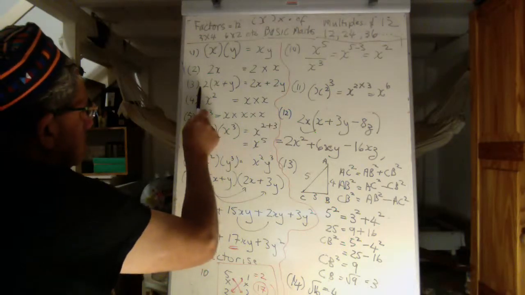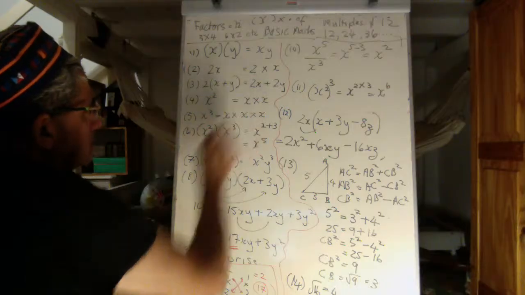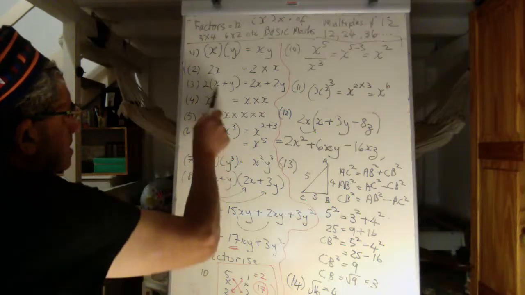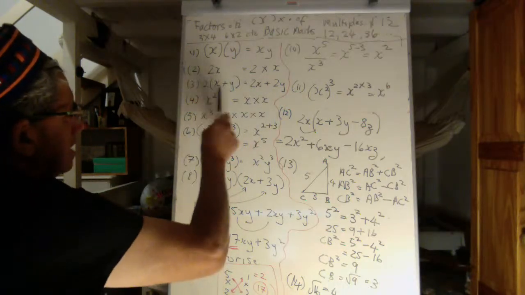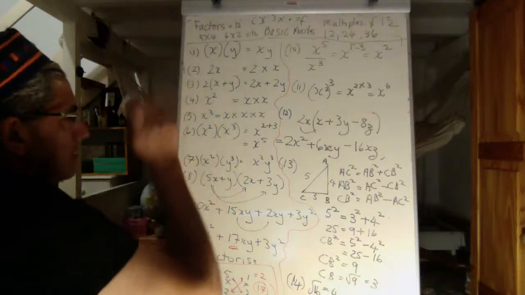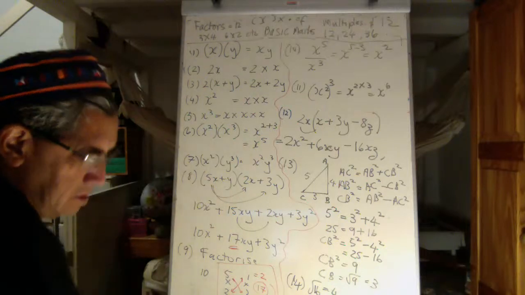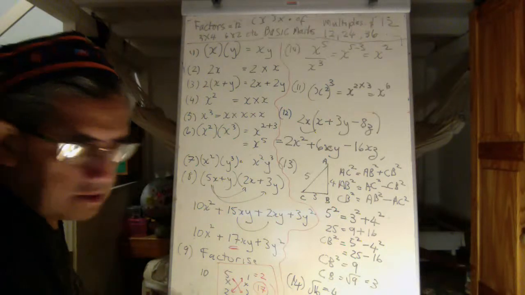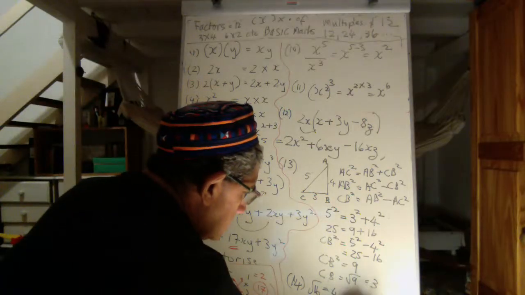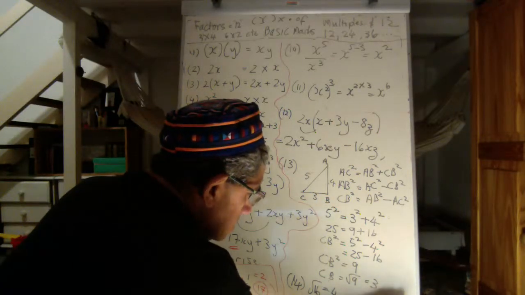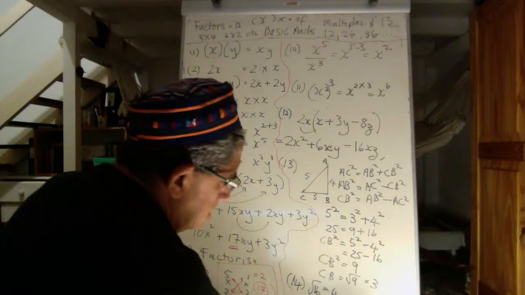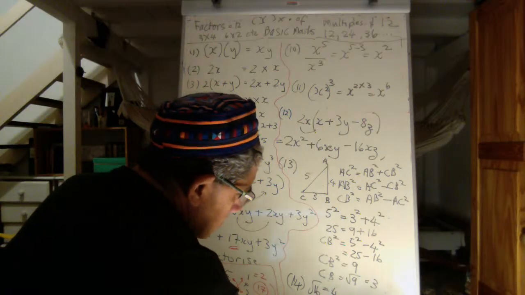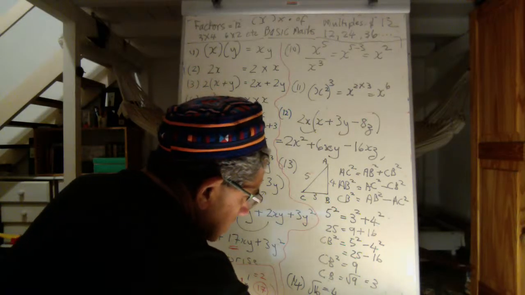But now you must remember a plus times a plus is a plus. A plus times a minus is a minus. A minus times a plus is a minus. And a minus times a minus is a plus. You must remember those basic rules in terms of algebra. So a minus times a minus is equal to a plus. A plus times a minus equals a minus.